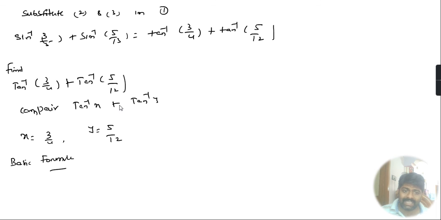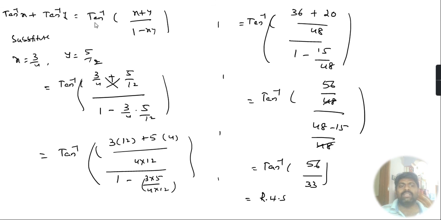We compare with tan inverse x plus tan inverse y. From that x is equal to 3 by 4 and y is equal to 5 by 12. We substitute in the formula, tan inverse x plus tan inverse y is equal to tan inverse of x plus y by 1 minus xy. Substitute x is equal to 3 by 4 and y equal to 5 by 12. And finally we get tan inverse of 56 by 33.